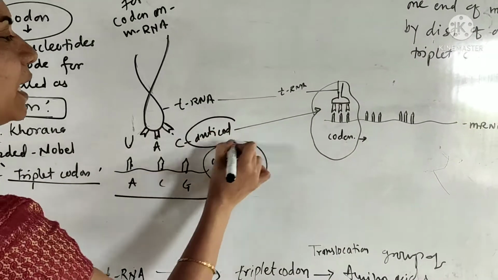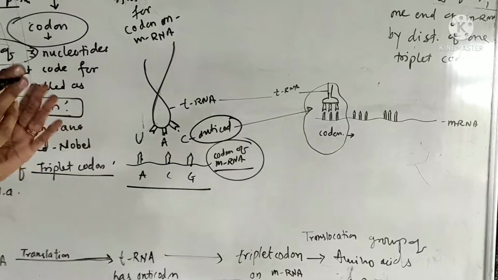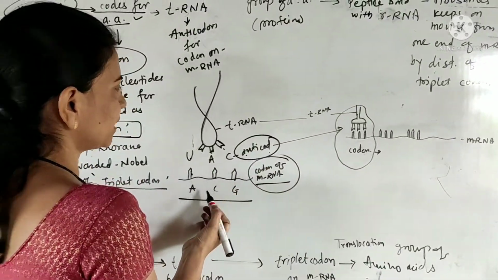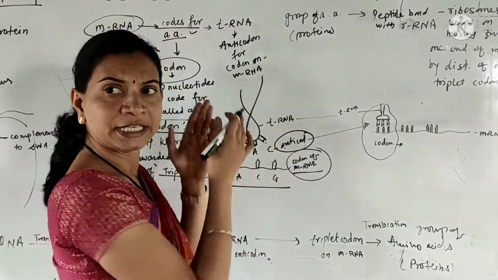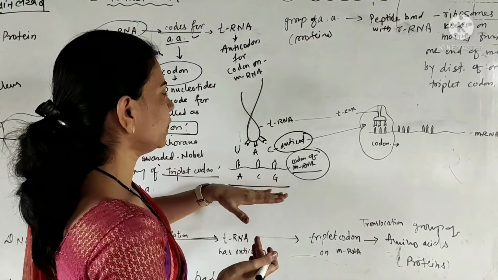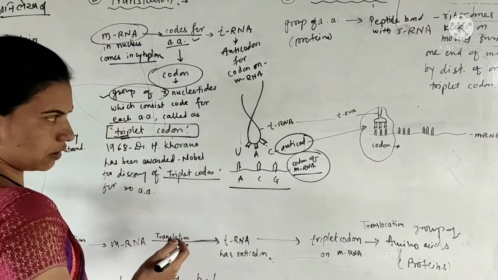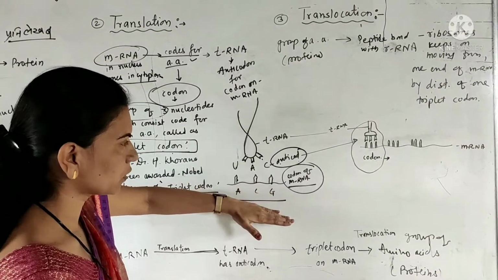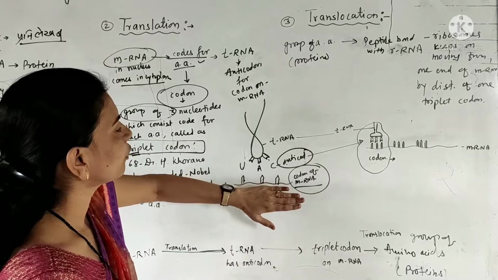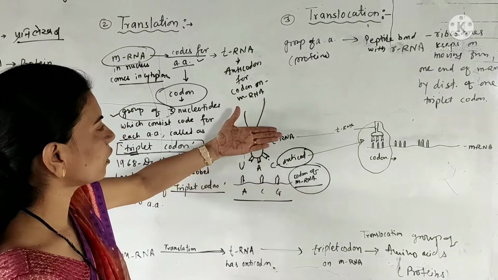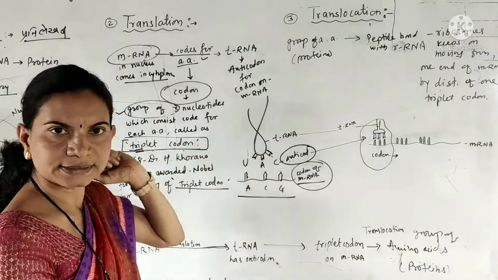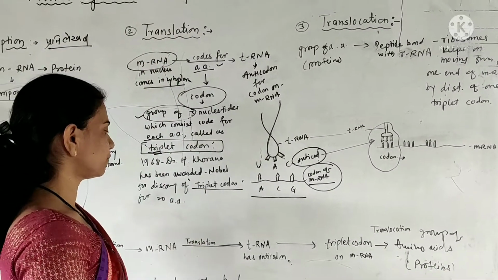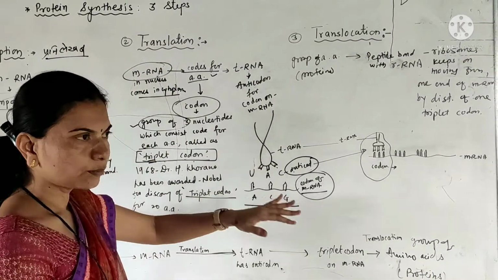This is known as the anticodon. Codon against anticodon. So from the mRNA the triplet codons are there, and for these triplet codons the anticodons are transferred by this tRNA. This process is known as the translation process in protein synthesis.